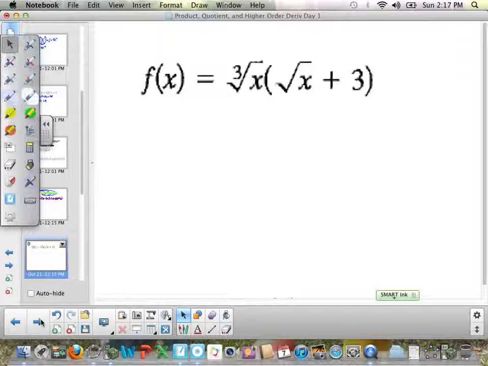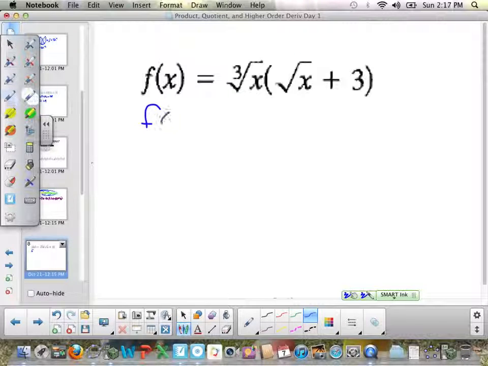Let's look at this one. F of x equals cube root of x times the quantity cube root of x plus 3. First step, let's rewrite this without the radicals. So we'll use fractional exponents.